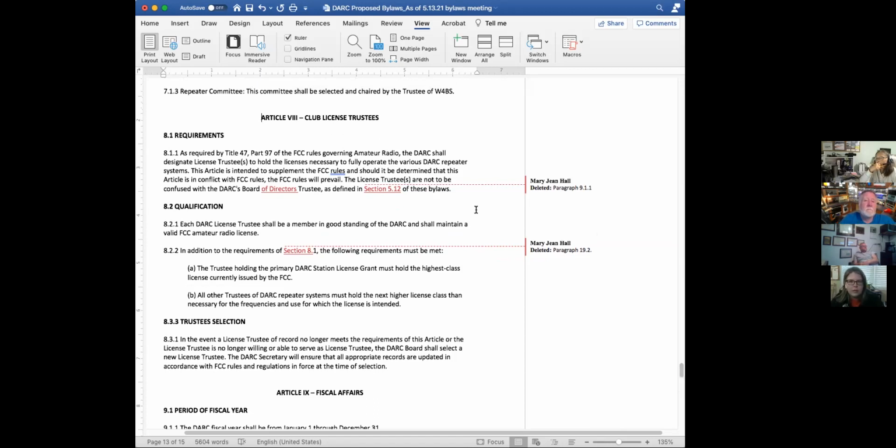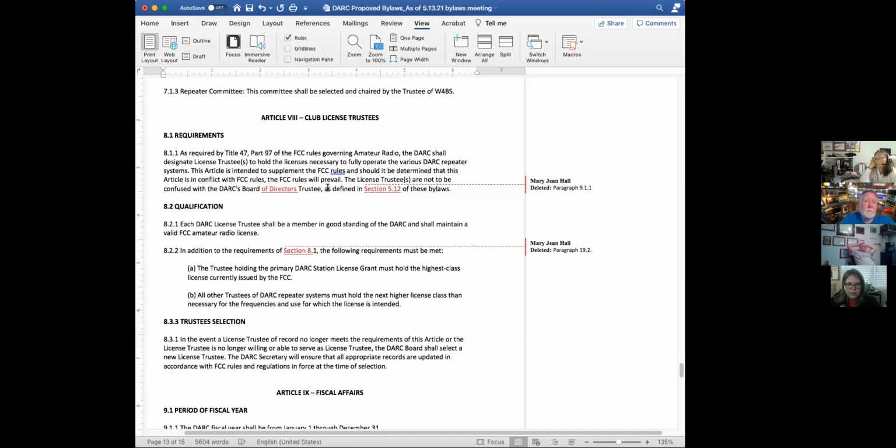The club license trustees, Article 8, 8.1 requirements. 8.1.1, as required by Title 47, Part 97 of the FCC rules governing amateur radio, the DARK shall designate licensed trustees to hold the licenses necessary to fully operate the various DARK repeater systems. This article is intended to supplement the FCC rules, and should it be determined that this article is in conflict with FCC rules, the FCC rules will prevail.